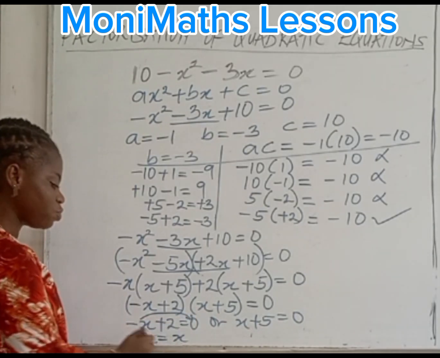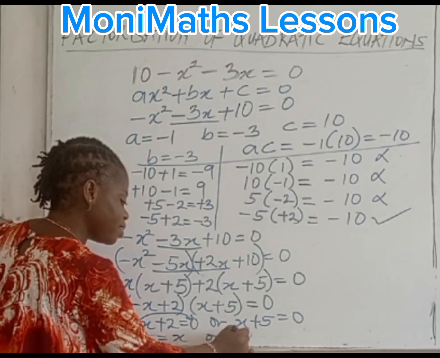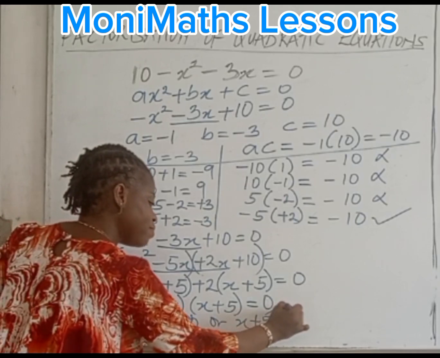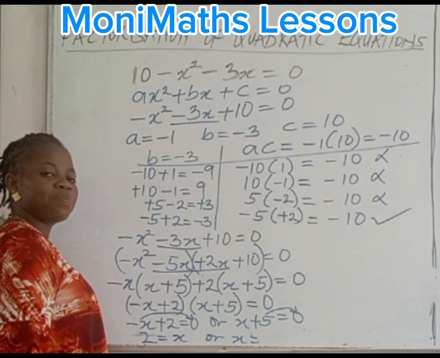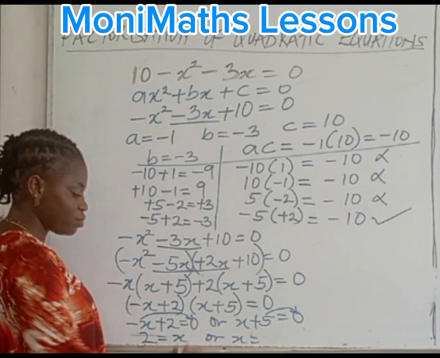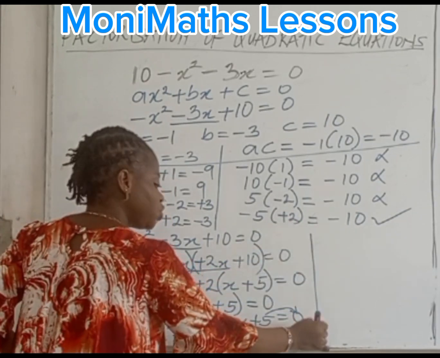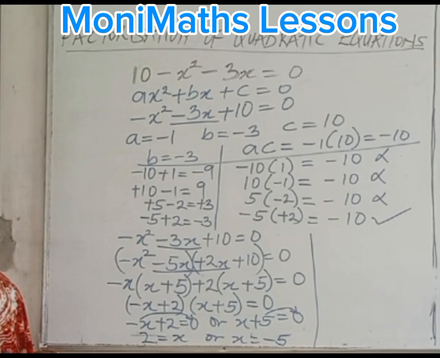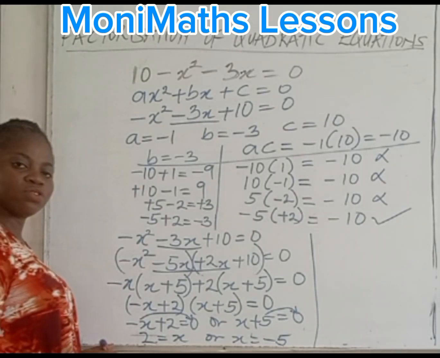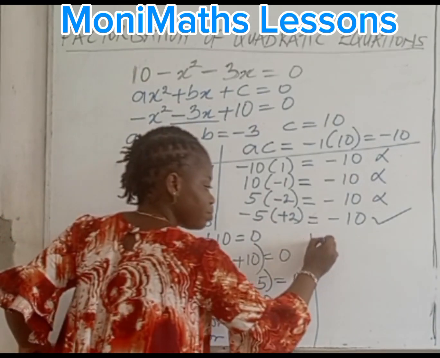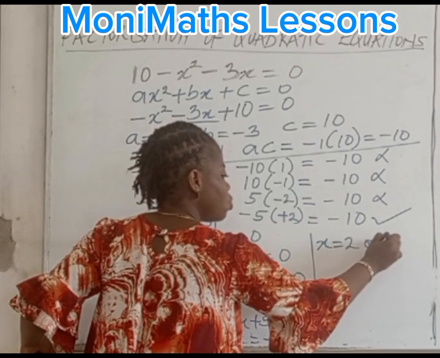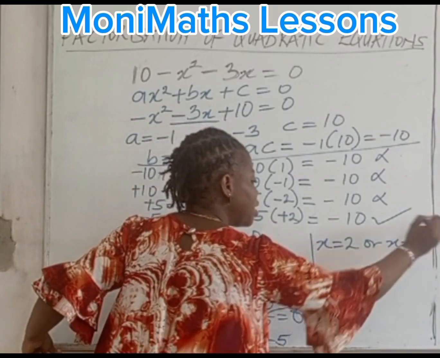So 2 is equal to x, or x is equal to, bringing the 5 outside, I have the plus 5 changing to minus 5. So I have x is equal to minus 5, giving us a solution that x is equal to 2, or x is equal to minus 5.